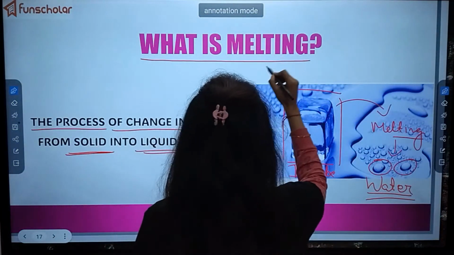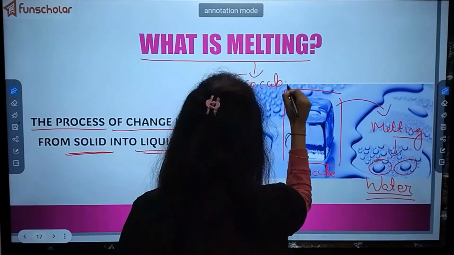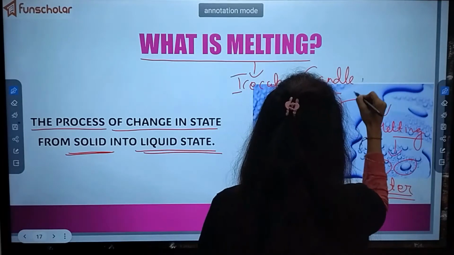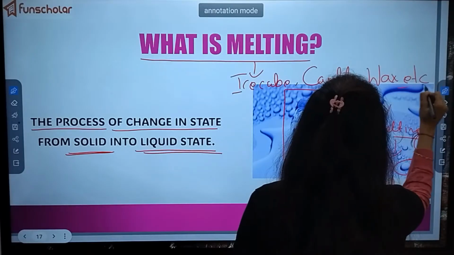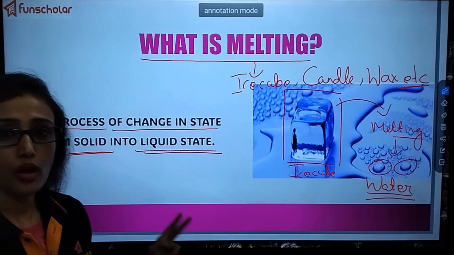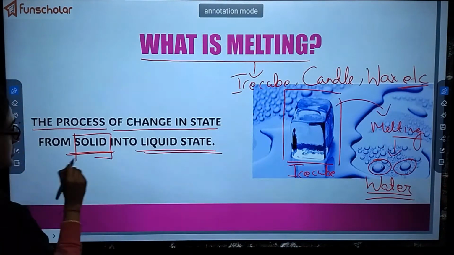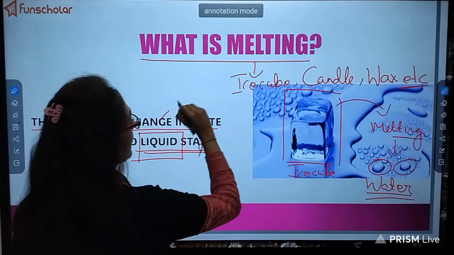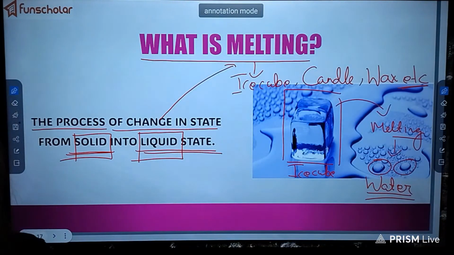So, melting can be seen in an ice cube, in a candle, wax, etc. So what you have to remember from this? The process by which a solid substance changes into a liquid substance is known as melting. Okay, students?